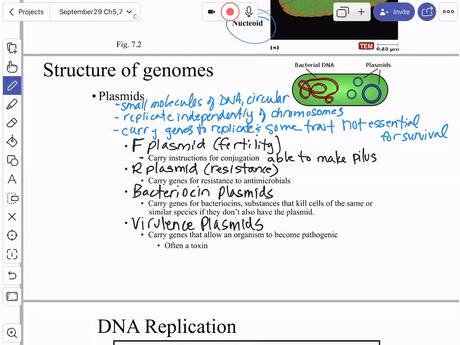So a virulence plasmid would carry some gene to make the cell more successful in establishing some kind of infection. And oftentimes that can be maybe a toxin. It can be maybe something that makes it withstand our immune response a little bit better. Okay, so there's just some examples of different kinds of plasmids. If the cell couldn't make those, it wouldn't necessarily die, but it's just going to make it, you know, maybe more suited to live in certain environments.